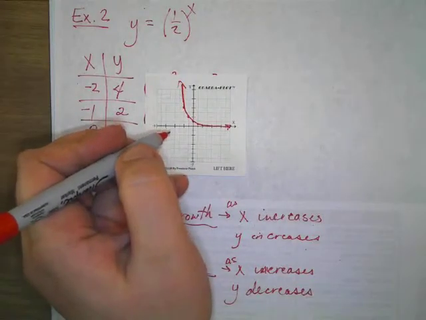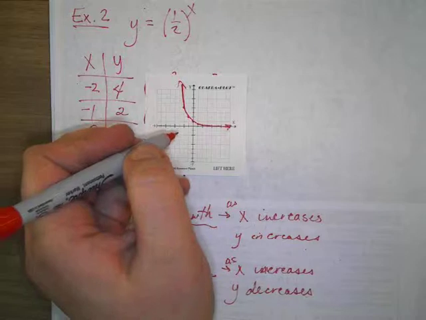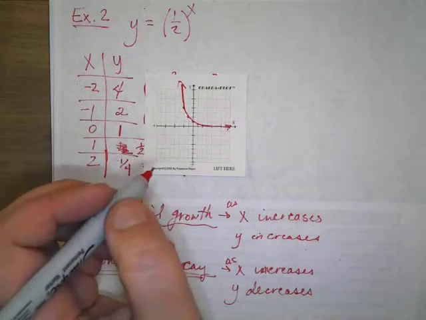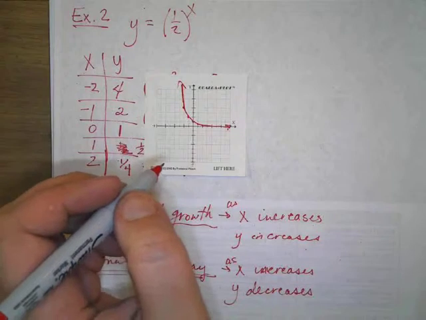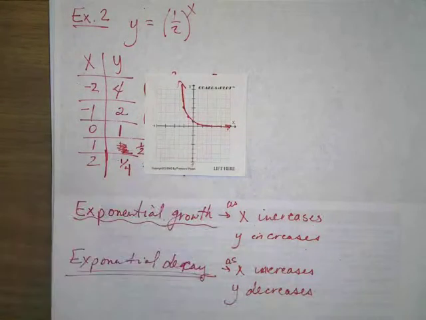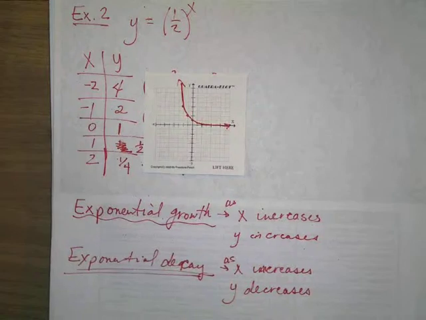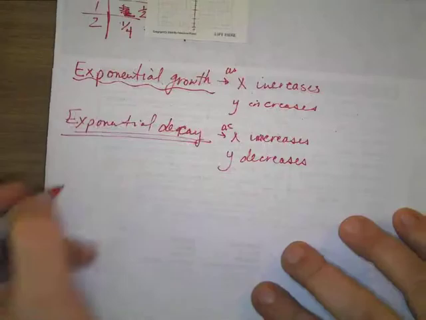It will get infinitesimally close. It will get so close that our eyeball will say it has to be equal. But there's also pixel problems, like if we graphed it on a calculator, we can only see so much, right? But analytically or theoretically, it's never going to quite touch it. It gets so close. And we call that an asymptote.